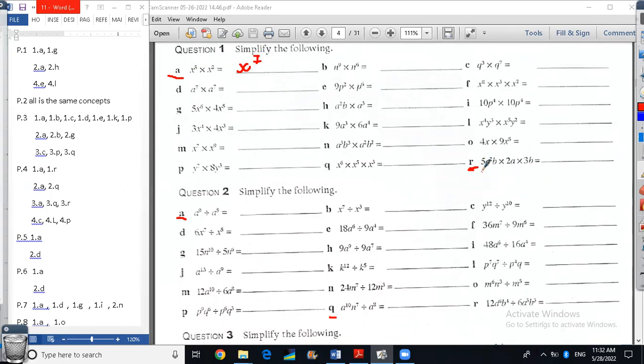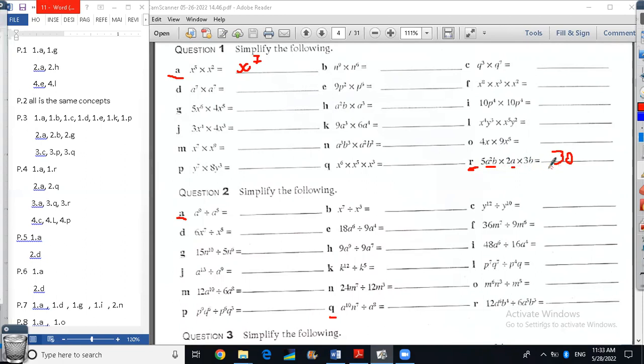Here, 5a squared b times 2a times 3b. Let's just take care first of the numbers. 5 times 2 times 3 is going to be 5 times 2 is 10. 10 times 3 is 30. What about the variables? A squared b times a is going to be a cubed, which is a to the power of 3b.